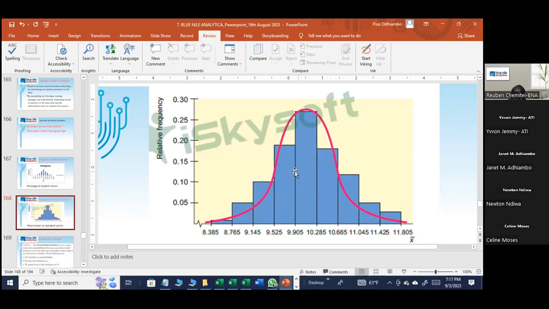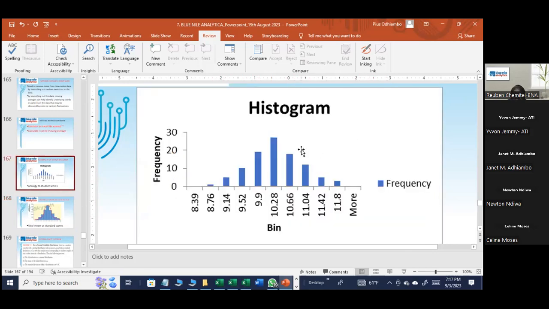One way of checking for normality of data is to plot what we call histograms. A histogram is a display or visualization of the values, or the frequencies of the values, within a data set.